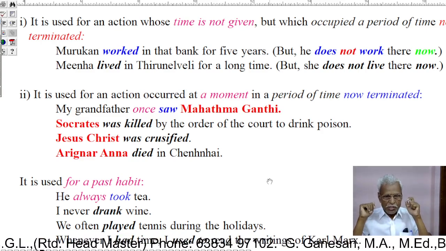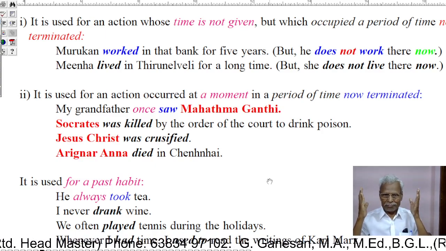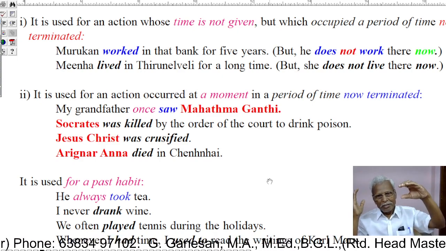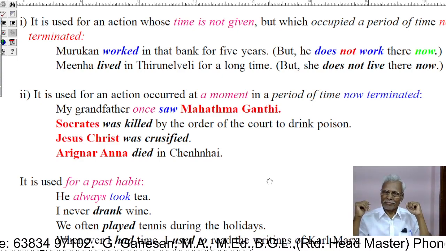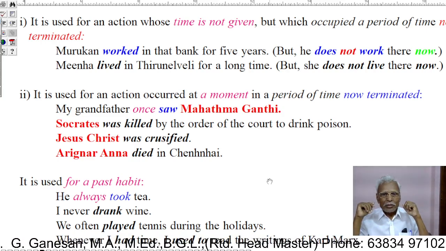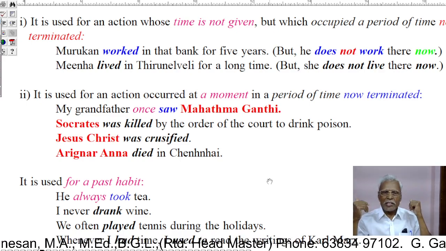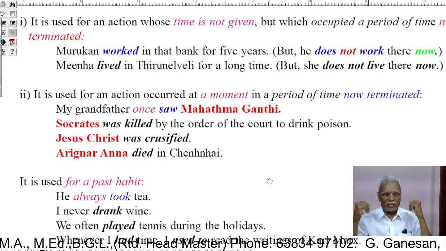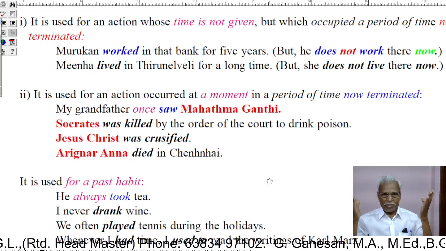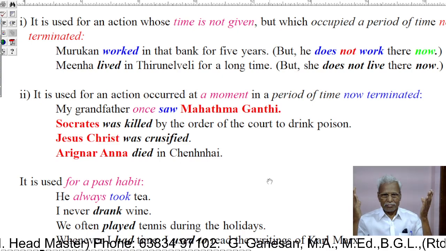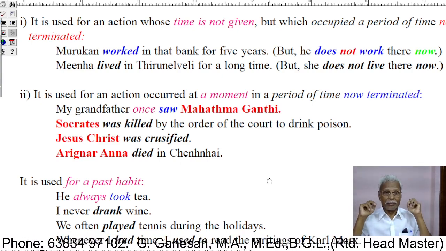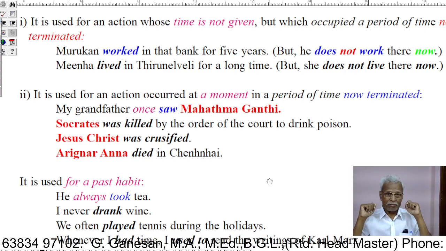Okay, then Jesus Christ was crucified. The greatest man, but of a young age. He was crucified at the age of 32. From his very early life itself, he started to preach to the common mass that they were being swindled by the ruling persons.